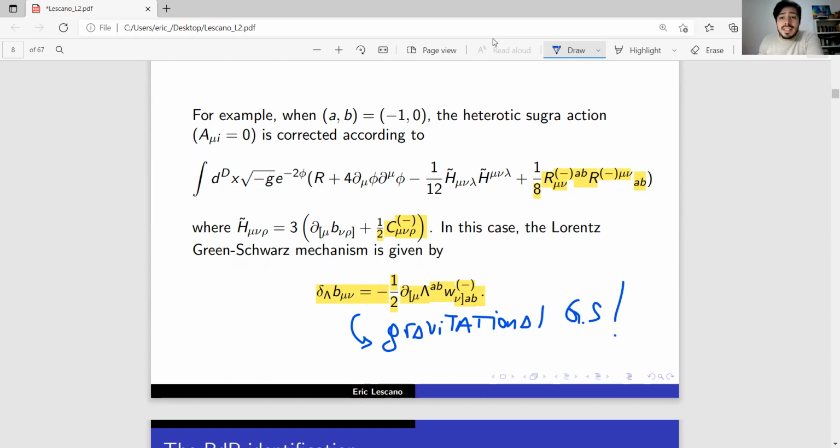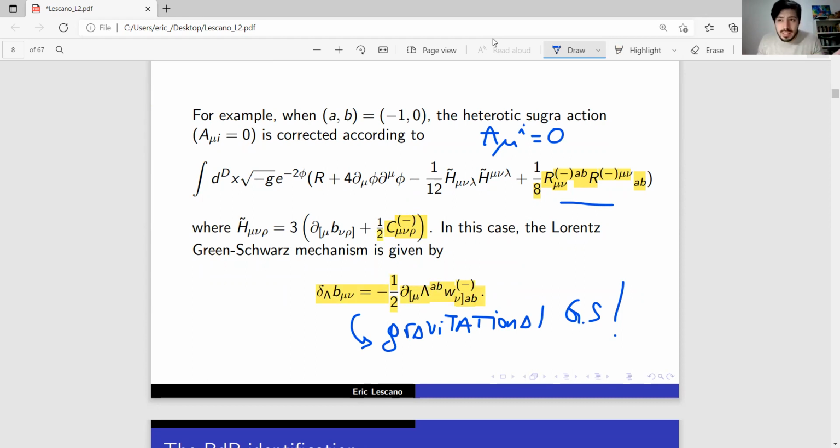Of course, in this case, we are showing the heterotic supergravity with an alpha prime correction over here, and we are considering, if you want, that this is the gauge part. We can consider that this field is turned off. Why is that? Because if we turn on these fields, beside these contributions, we have the Yang-Mills term, the F squared term, plus alpha prime corrections to the gauge sector.